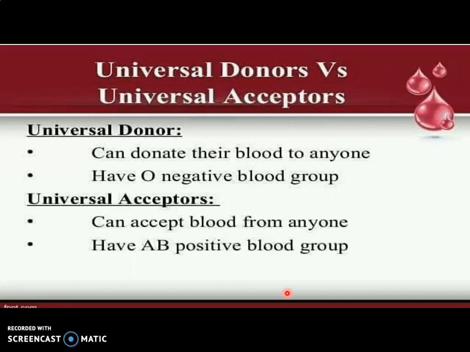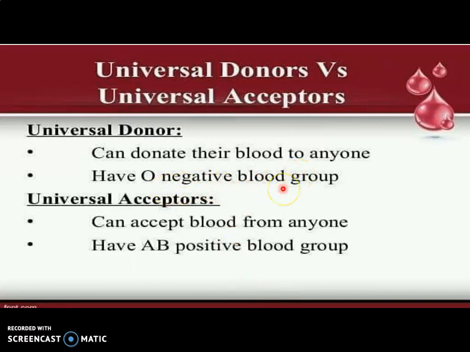Now we will talk about the universal donors and universal recipients or acceptors. If we talk about universal donors, we are talking about blood groups that can donate blood to anyone. And when we talk about the universal donor, we have O negative as the blood group.